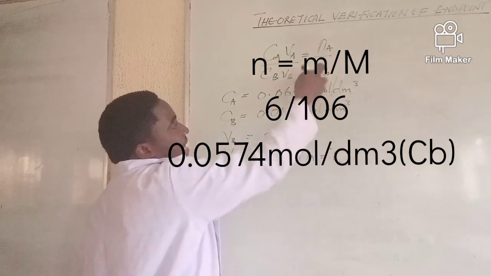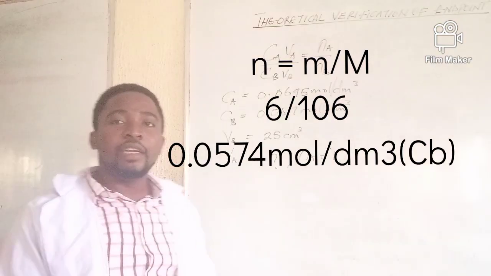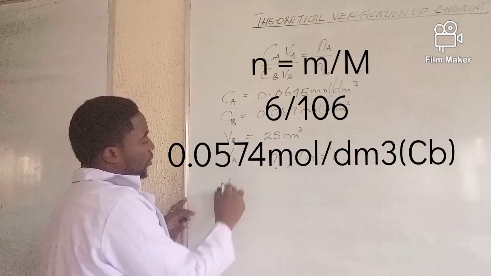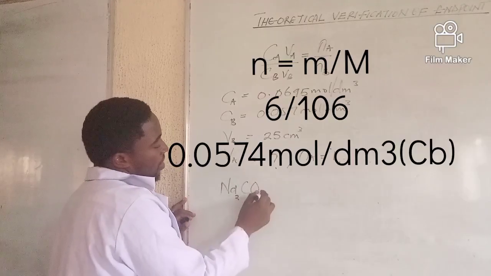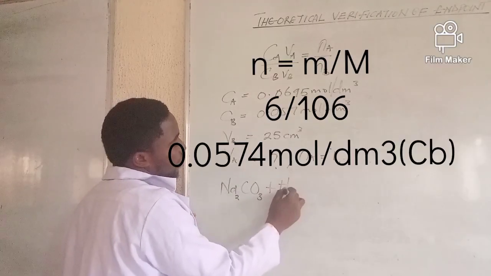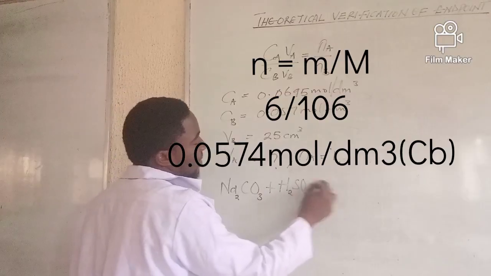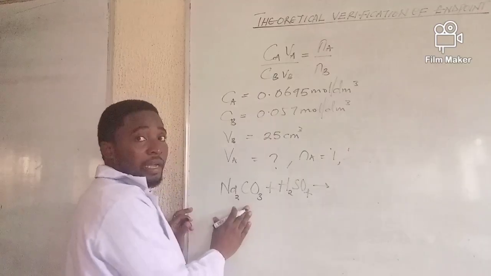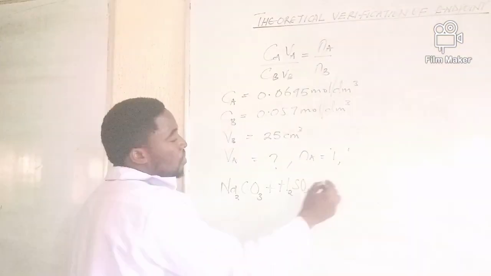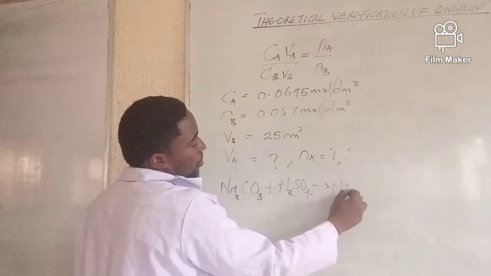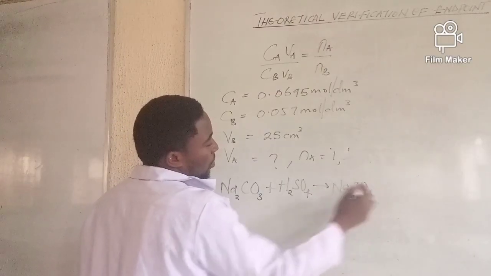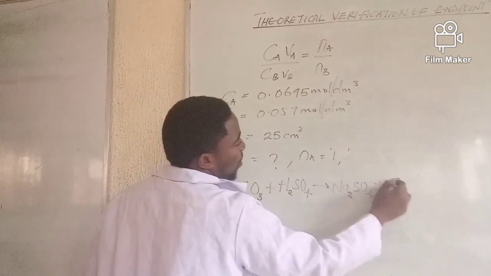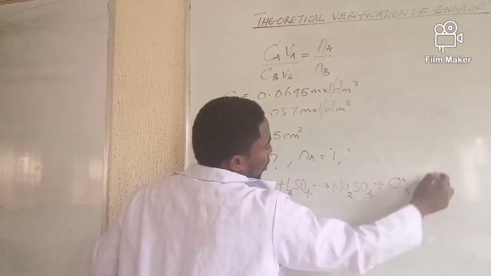1. This NA and NB is obtained directly from the equation of the reaction, which I'm going to write now. The reaction is between sodium carbonate and sulfuric acid, which is tetraoxosulfate(VI) acid. When these two reagents react together, this is the base, this is the acid, and you're going to have a salt, which is sodium sulfate, plus carbon(IV) oxide plus water.